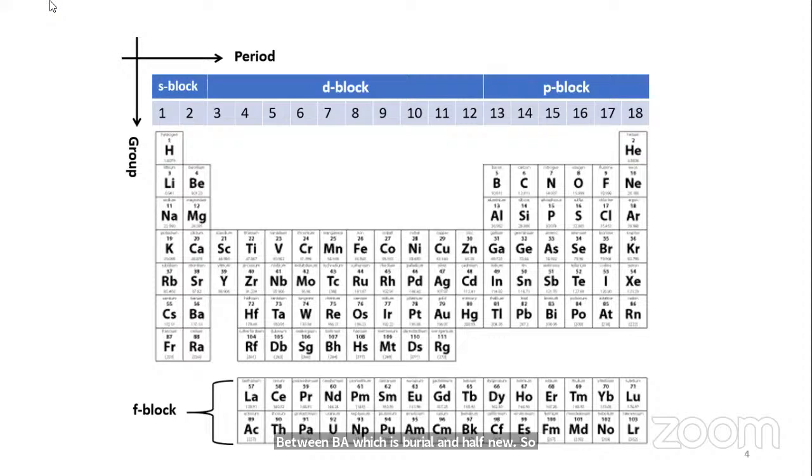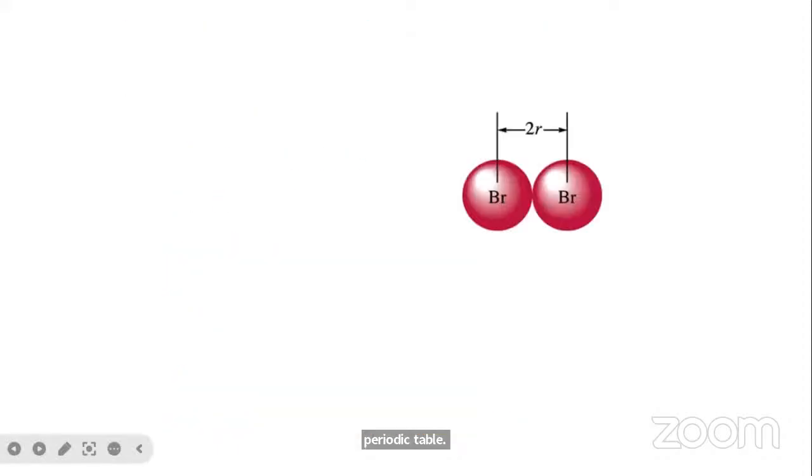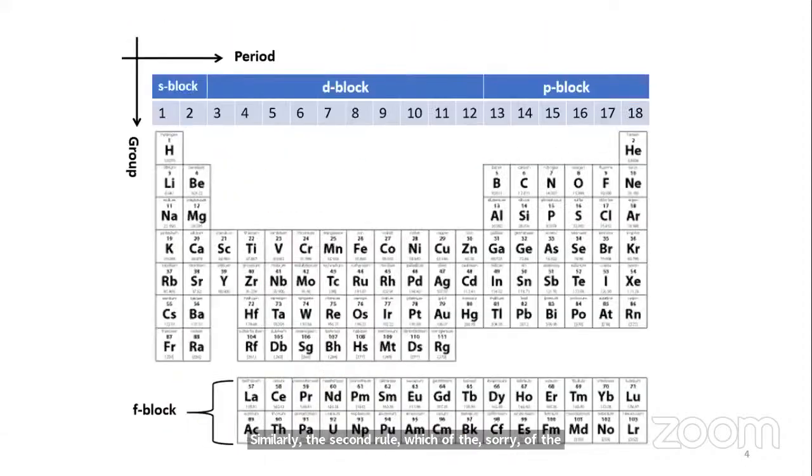So the first row, La to Lu, that is lanthanum to lutetium, should be in between barium, Ba, and Hf. And so that is their position in the periodic table. Similarly, the second row of the F block elements will be between Ra, radium, and rutherfordium.